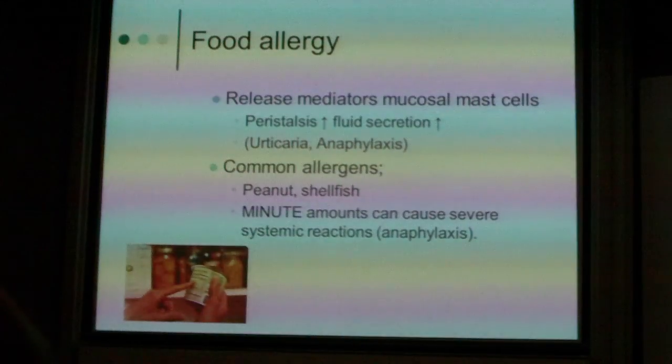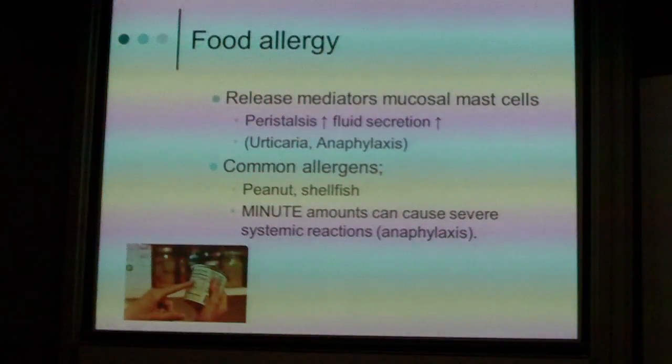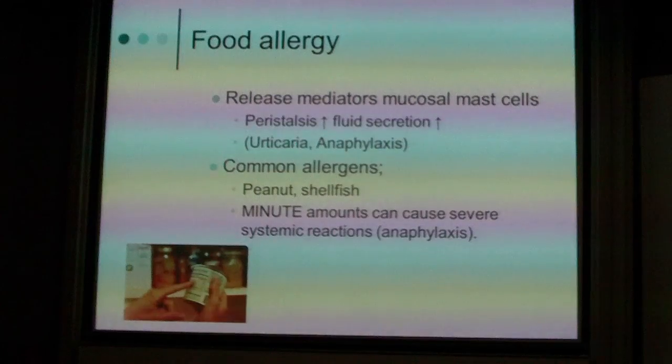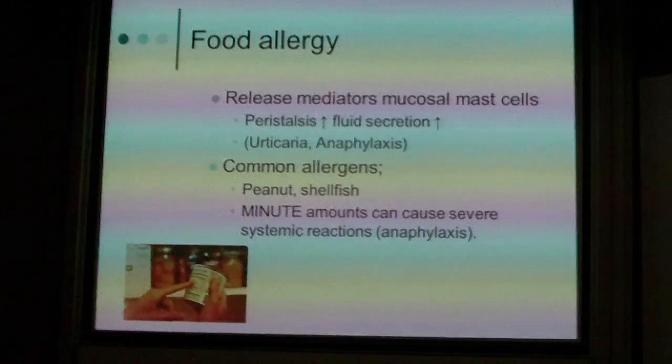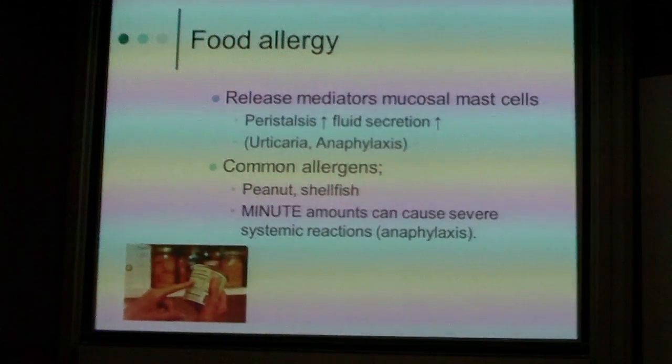Now it's specifically mucosal because you encounter your food allergens through the oral pathways. There will be peristalsis, so your intestinal tract will contract, fluid secretion, and there may also be, as a kind of side effect, urticaria on the skin.